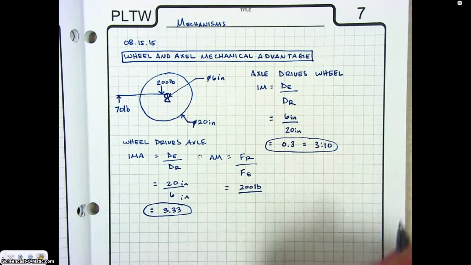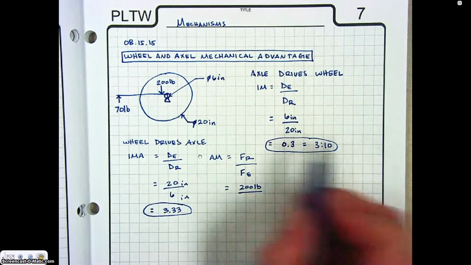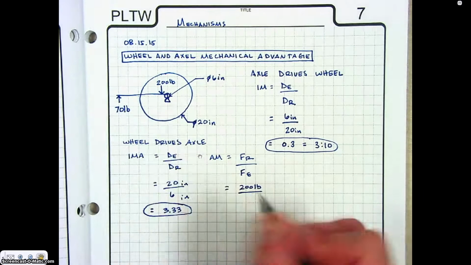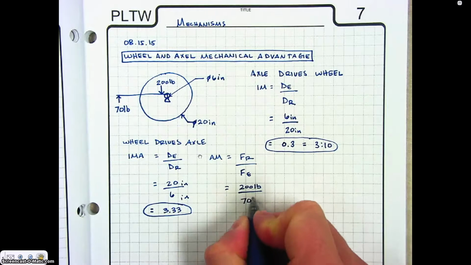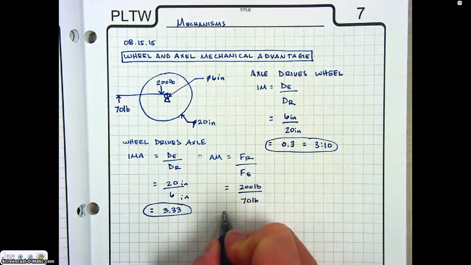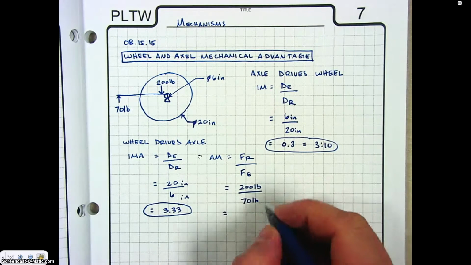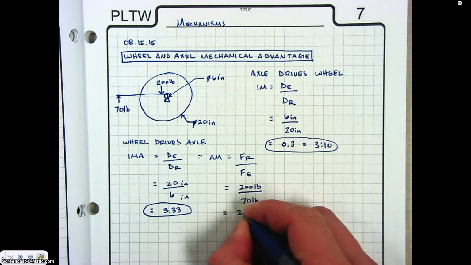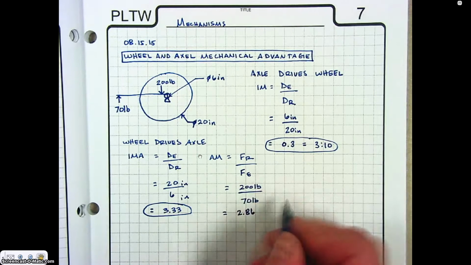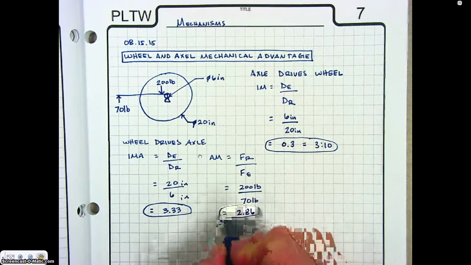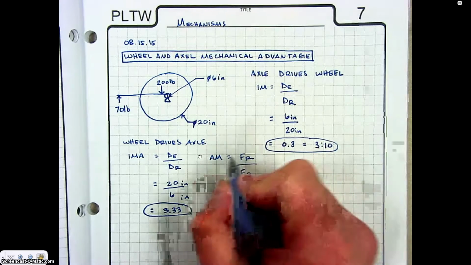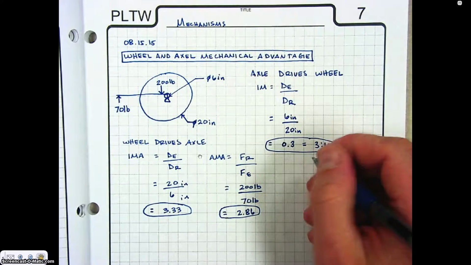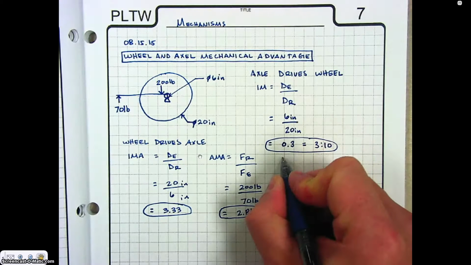The force of the effort is 70 pounds because we're putting the 70 pounds in at the wheel. Divide those out, about 2.86 for the actual mechanical advantage. And remember, the actual mechanical advantage is where friction is taken into consideration.